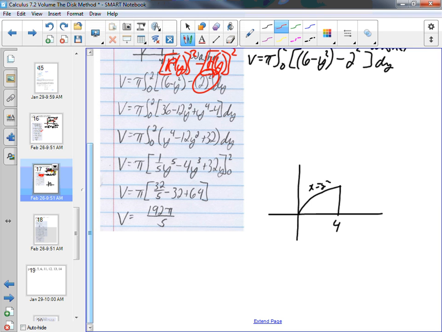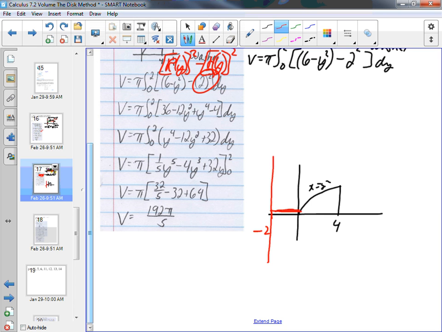And our axis of revolution is over here. What would the outer radius be? It'd be 6, wouldn't it? Because from -2 to 0 is 2, and then plus 4 more. The outer radius would be 6.